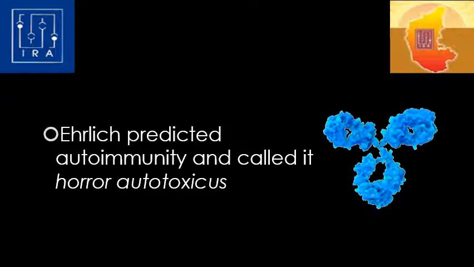So autoimmunity is not a new concept. Autoimmunity is not a new disease. It was prevalent from the time humans existed, but its identification was a little late, and we have now understood autoimmunity much more than we used to in the earlier days.